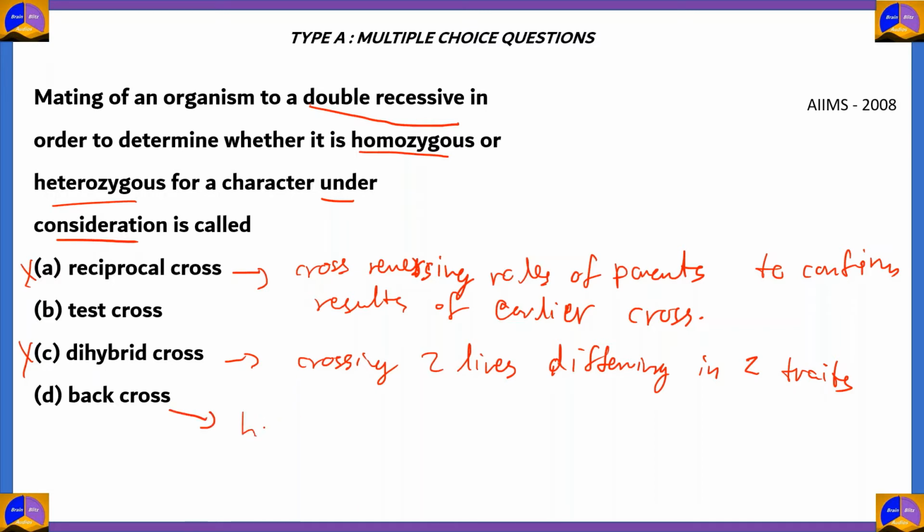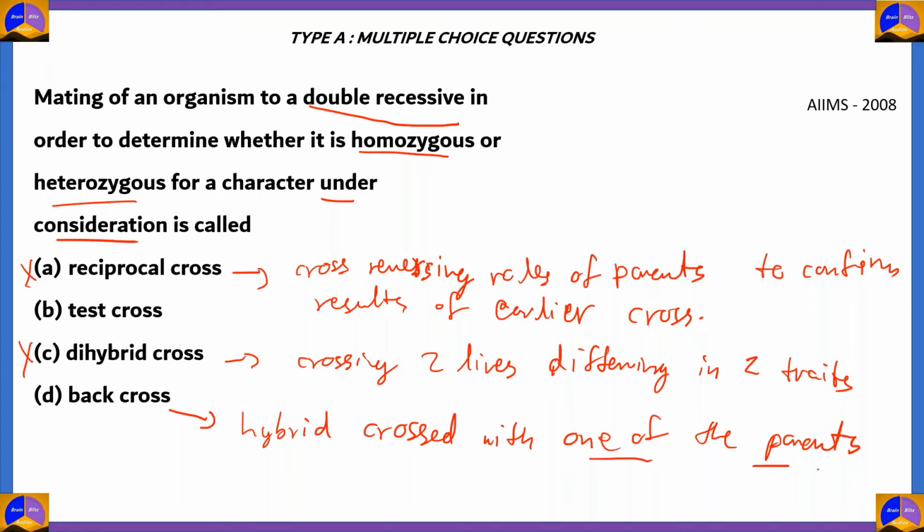The back cross is a hybrid crossed with one of the parents. So it can either be heterozygous or homozygous dominant or homozygous recessive. So this can be any one of the three. So option D is also incorrect. The right answer is option B, test cross.